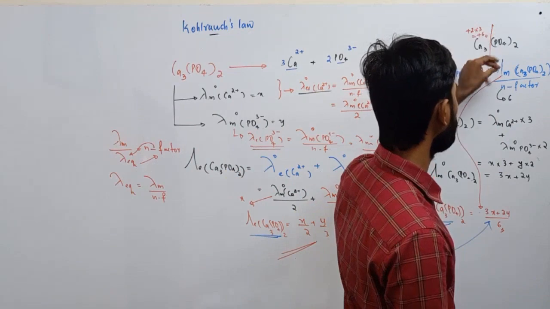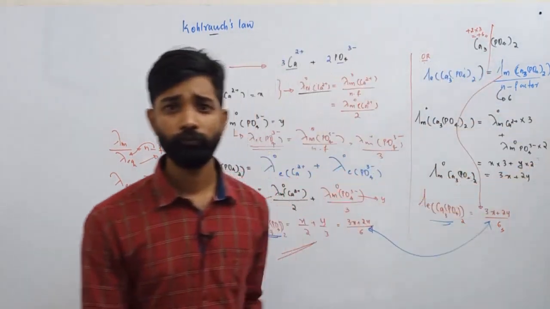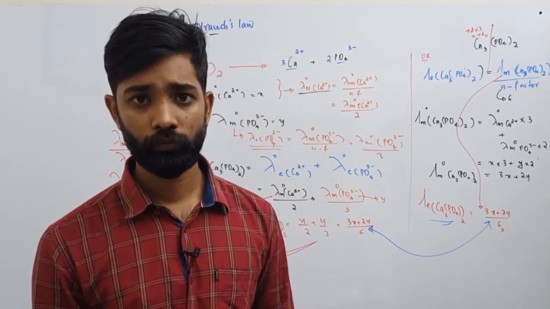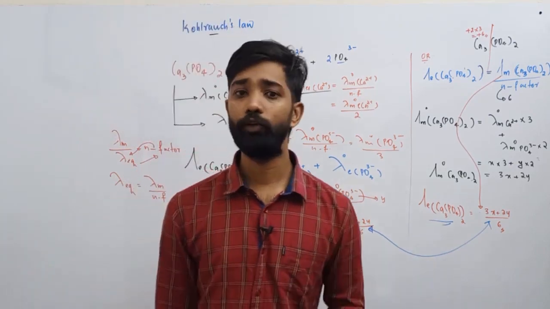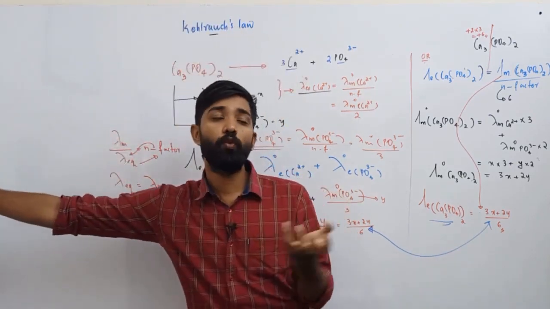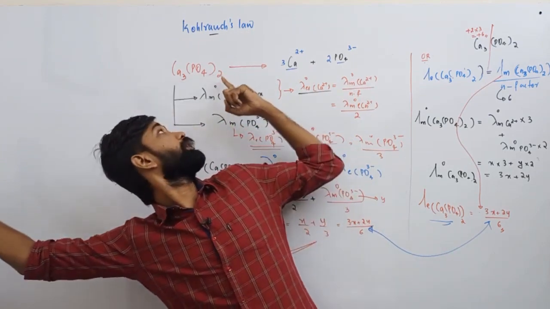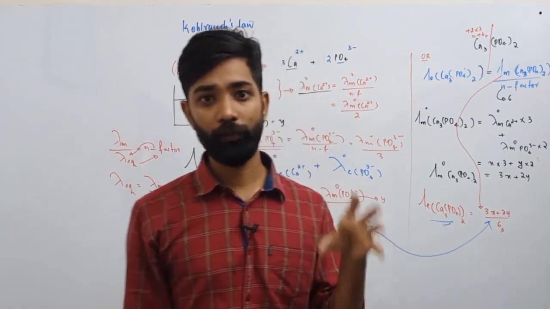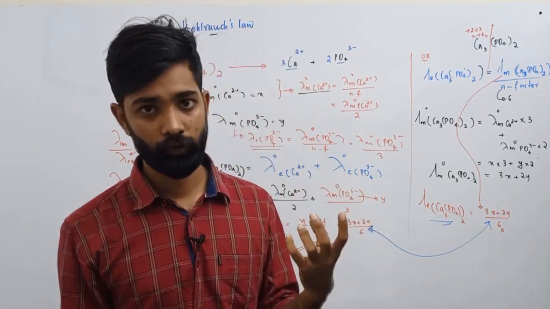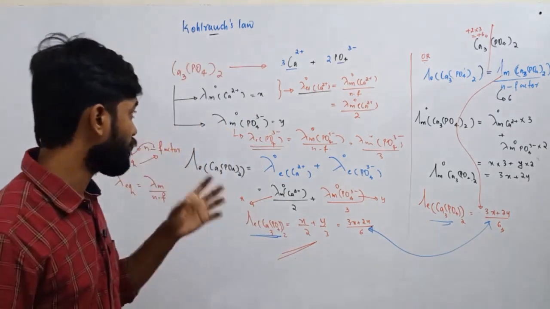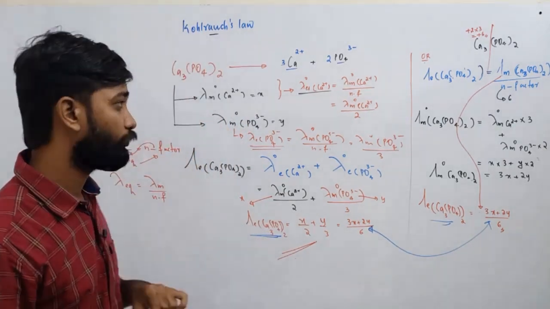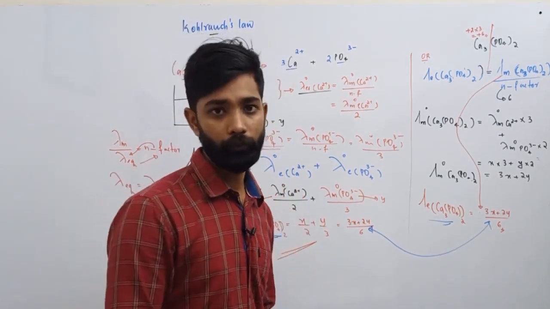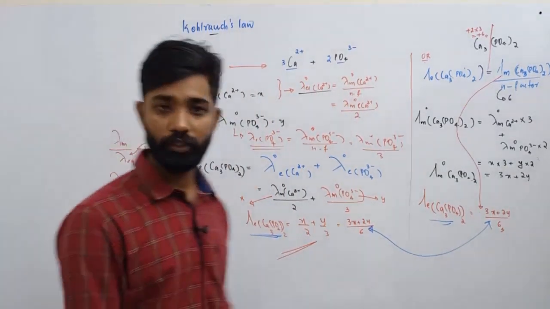So I'll recommend you do it in this fashion. You simply find the values. Ready? First, you simply check which values are given, whether it is limiting molar conductivity or equivalent conductivity. Here in this question, limiting molar conductivity is given.